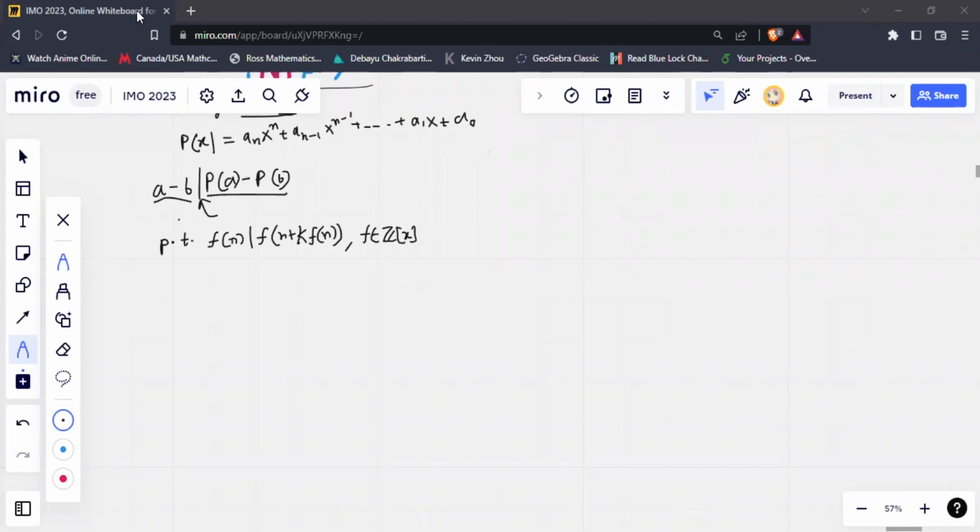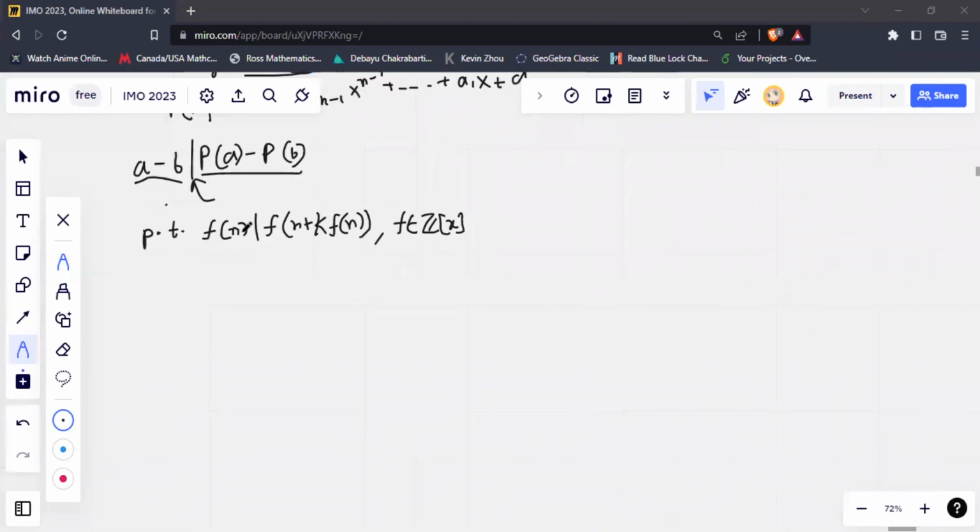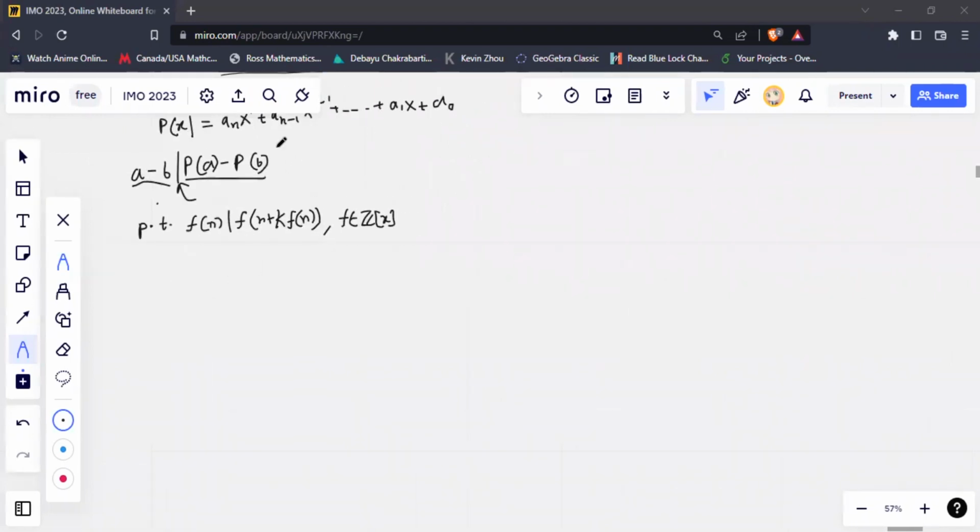I mean, look, if you expand, then you know what happens. So many theorems. So anyone who has any ideas?